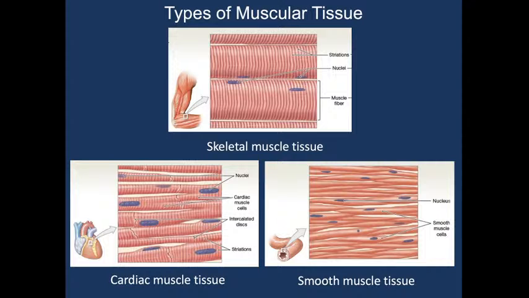Smooth muscle tissue gets its name from the fact that under a microscope it appears non-striated, just smooth. And as with cardiac muscle tissue, the action of smooth muscle is usually involuntary, without conscious control.